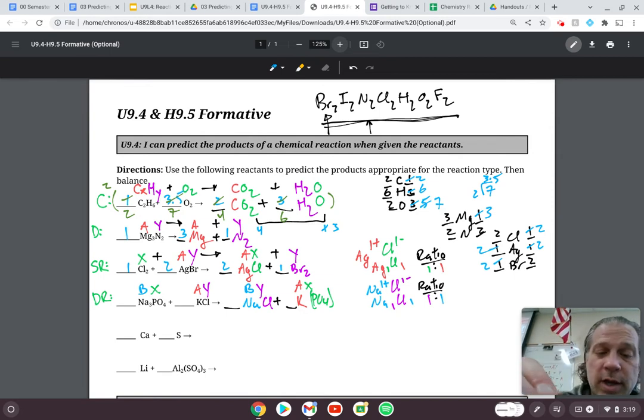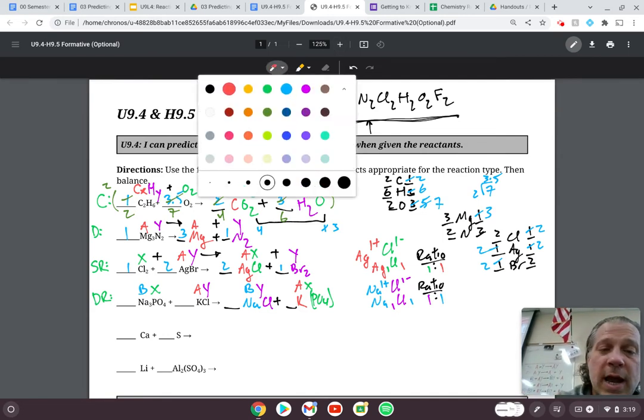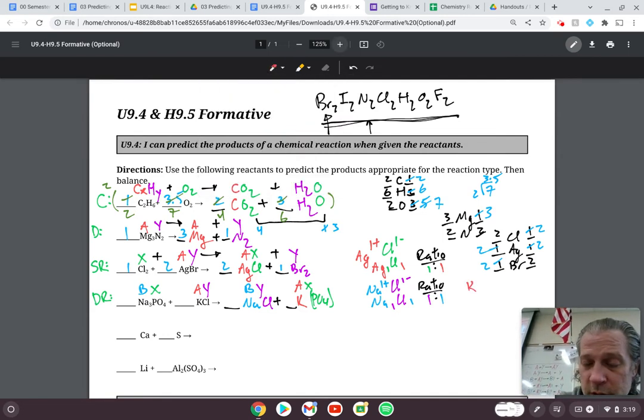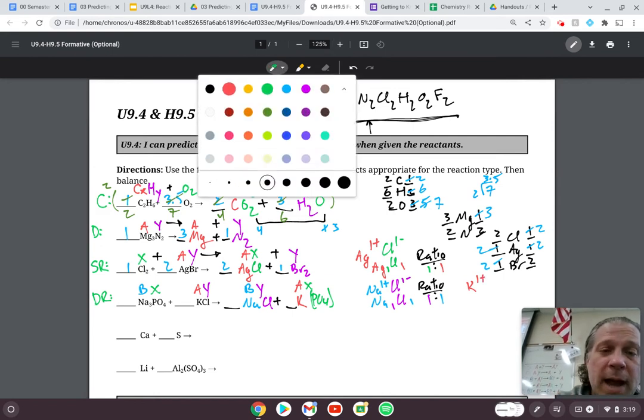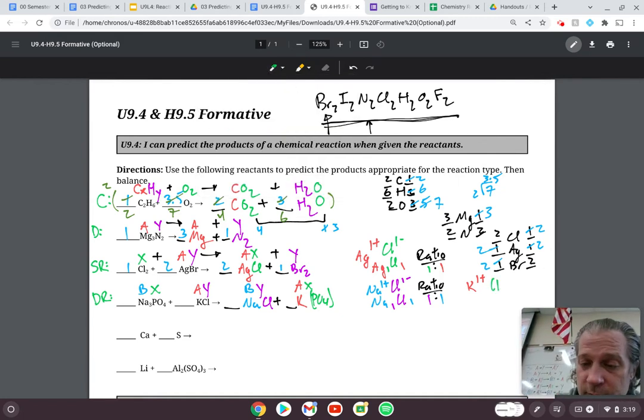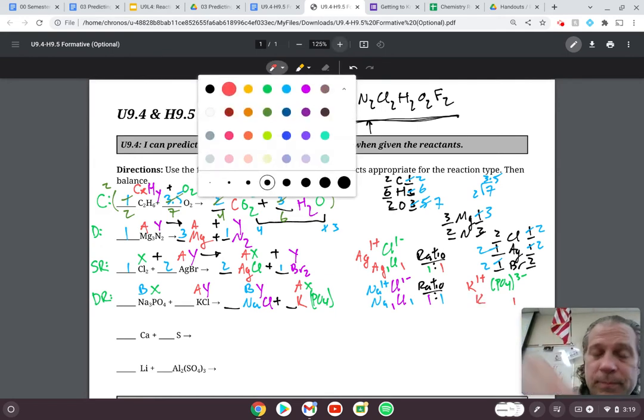Now I'm going to look at potassium, the relationship between potassium and the polyatomic ion phosphate. So here I have potassium, which I know is a +1 from the periodic table. And from the back of my periodic table, I have phosphate, which has a charge of -3. So I have PO4 -3. I crisscross those charges down, and I get K3PO4 1.